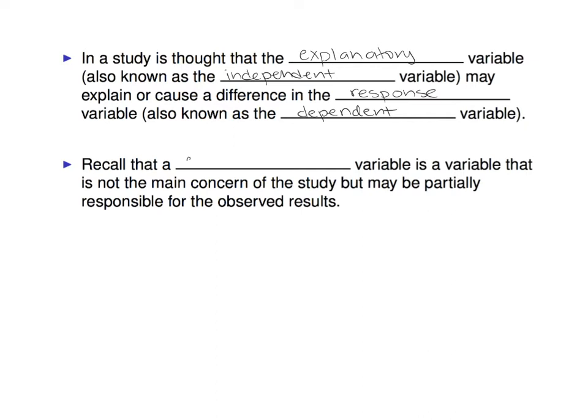And recall that a confounding variable is a variable that is not the main concern of the study, but may be partially responsible for the observed results.